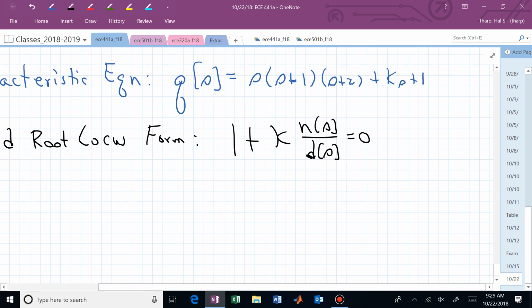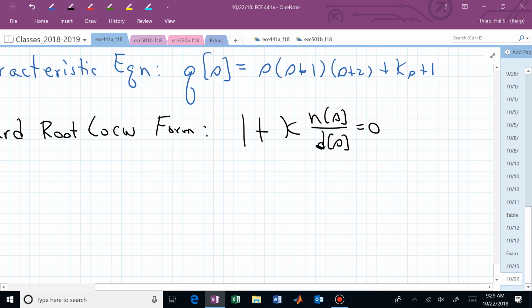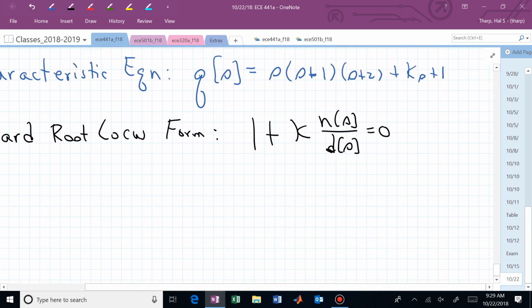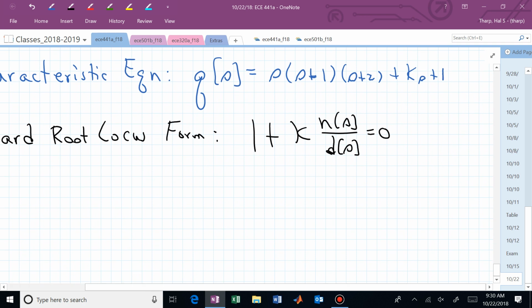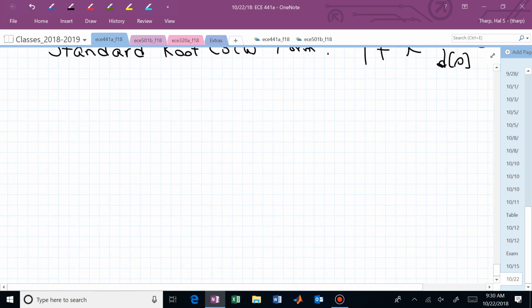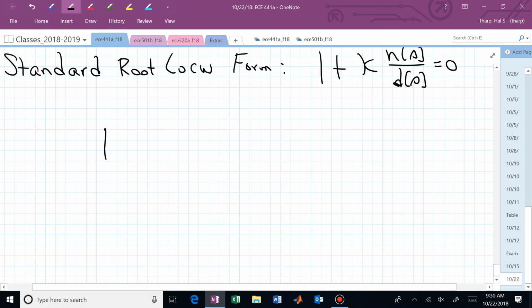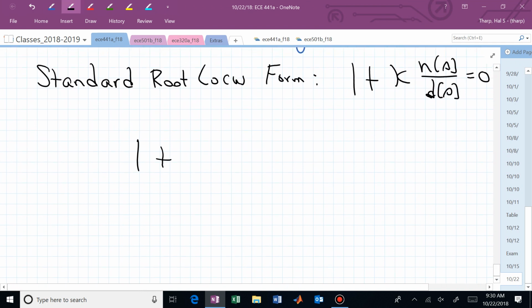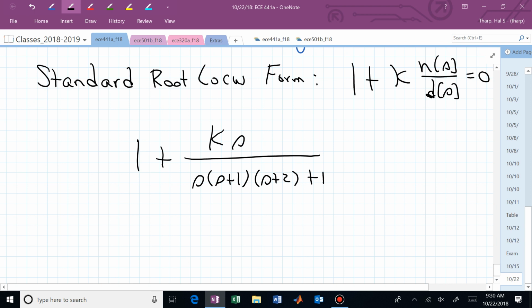We just identify all the terms that don't involve k, divide by those, and we end up with the expression we need. Our expression now for the standard root locus form from q of s ends up being 1 plus k times s over s plus 1, s plus 2 plus 1.